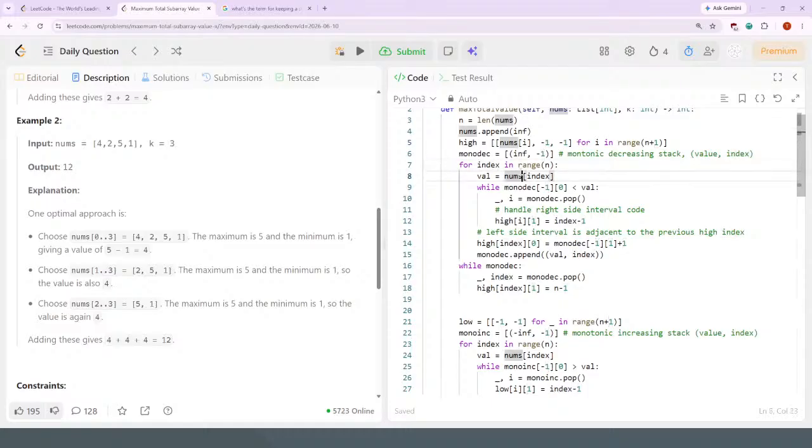So index, value compares to the monotonic decreasing value, and I think this should be the ending index, and this should be the starting index, and this should be an ending index.